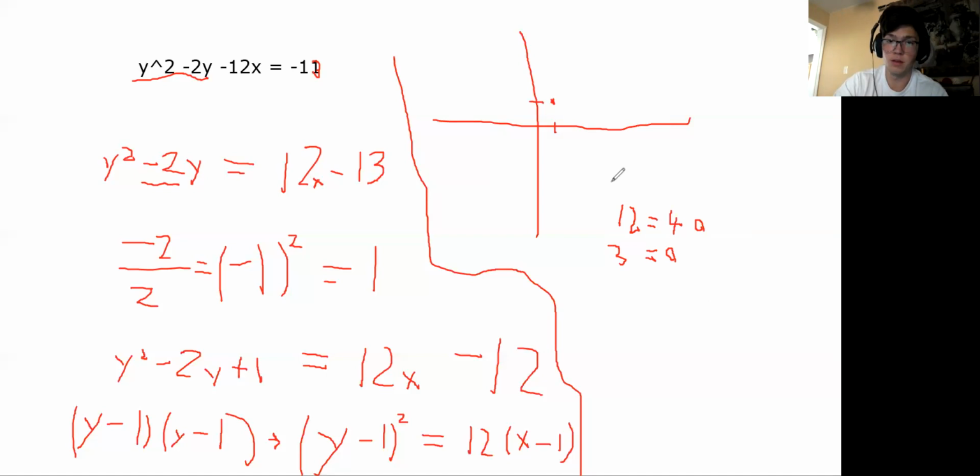Okay, so how do we know which way this thing is opening or what it looks like? Well, since the y is squared, we know that it's opening right or left, and there's no negative in front of this. So it's going to open up this way.